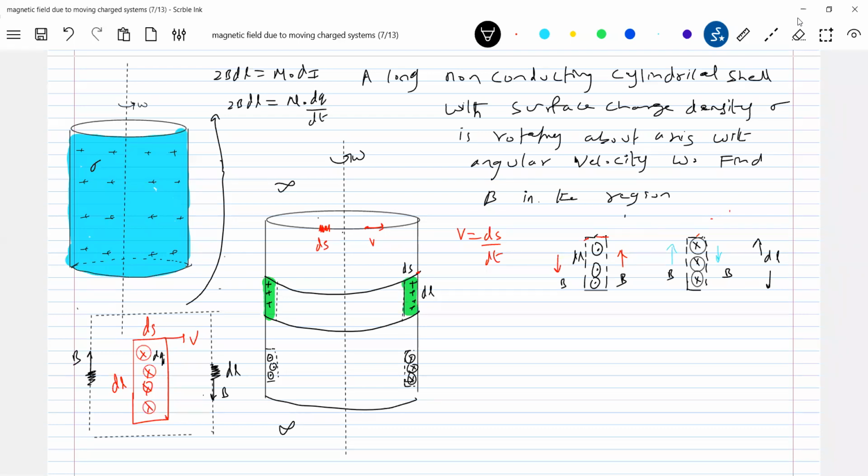What should dq be? Sigma into dl into ds. So 2B dl equals mu naught sigma dl into ds by dt.